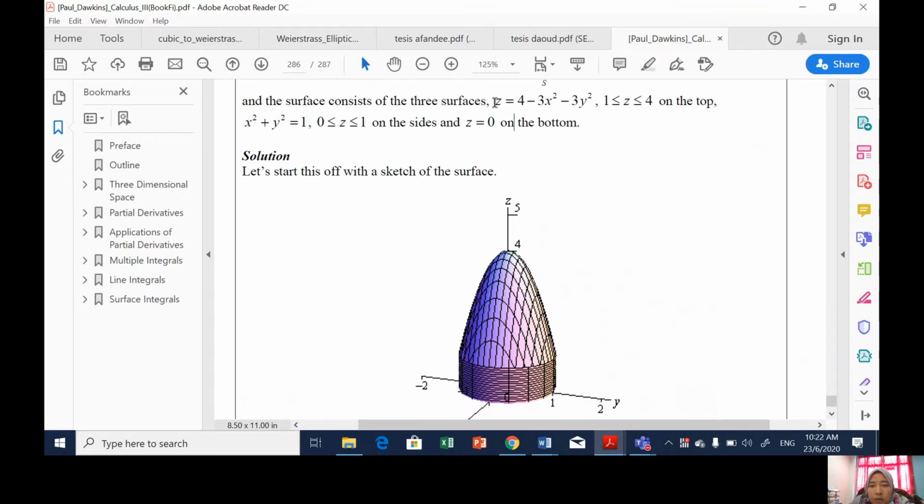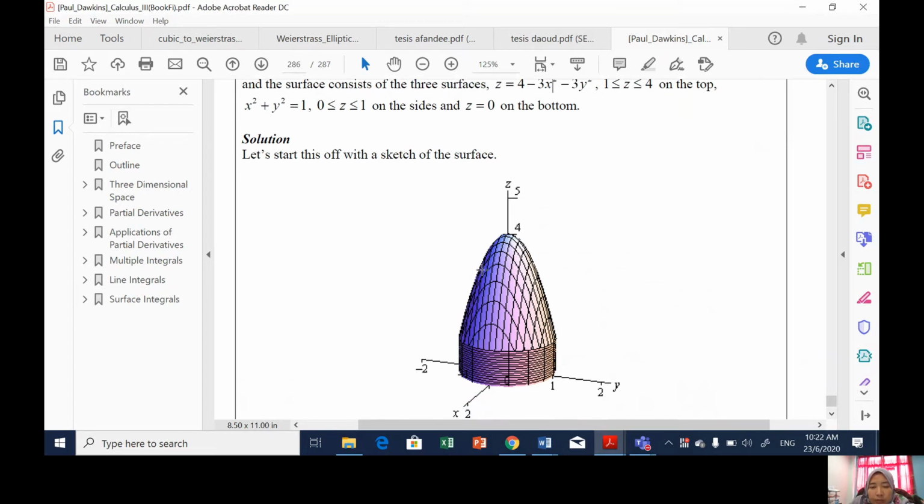When x is 0 and y is 0, z is 4, and we have this kind of solid.